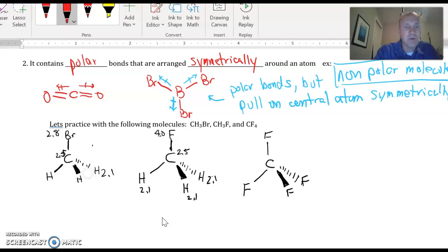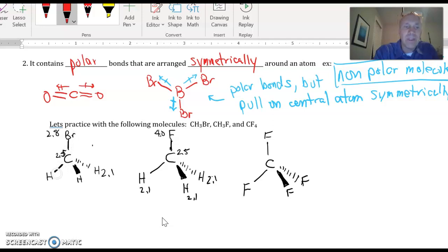For this molecule, I've put the hydrogens at the bottom. Picture these bottom atoms as being like the legs of a tripod. This one is going to come slightly towards you. This one's to the right and slightly back away from you. This one's exactly going out to the left. The bromine would be sticking straight up.